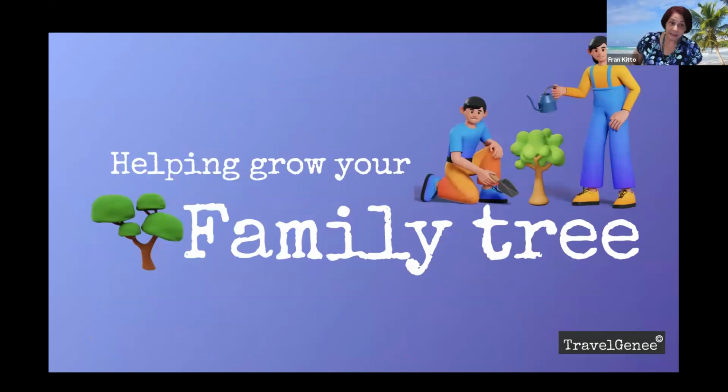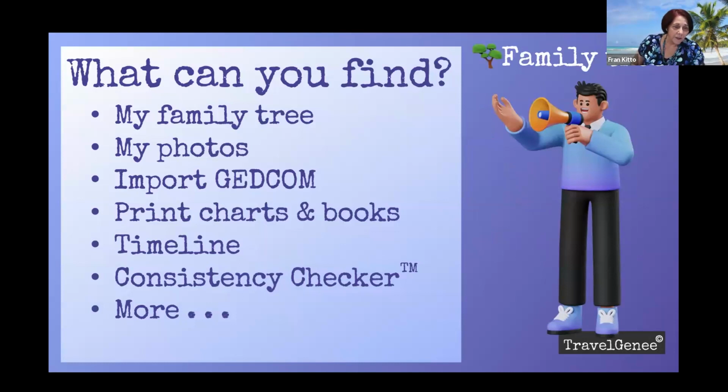The next section is the family tree, and this is probably the most popular section for family historians. And again, MyHeritage is here to help you grow and even protect your tree. Now, the sections in the family tree area, there's a lot of them.